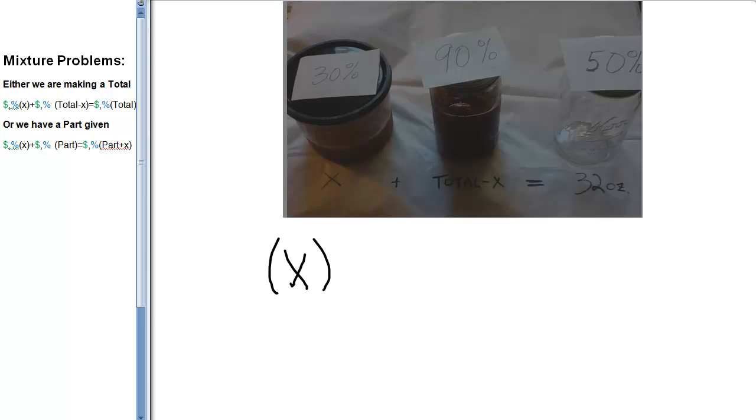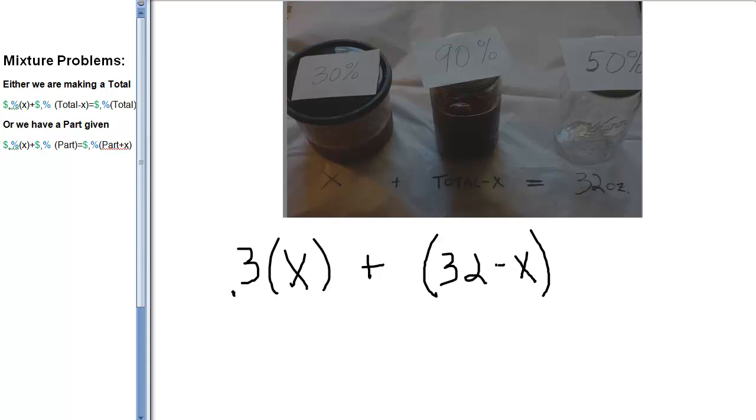The percent of heat is 0.3, so we put that as a factor multiplied in front. Now we add our other amount, which is going to be the total, 32 ounces, minus whatever we used of the 30%.